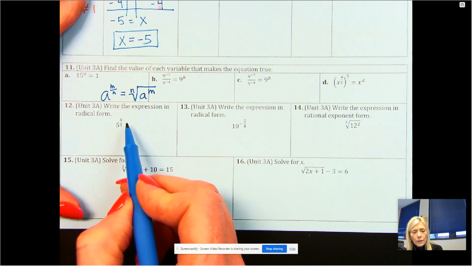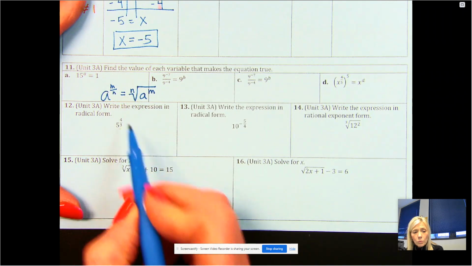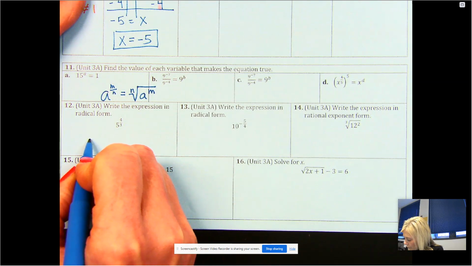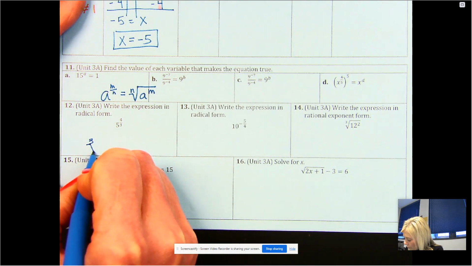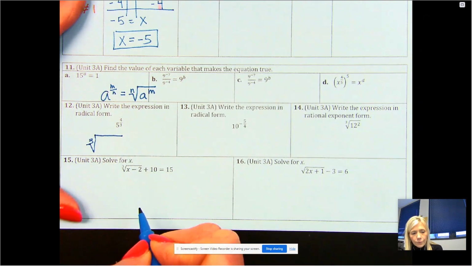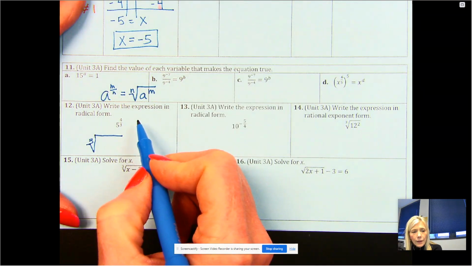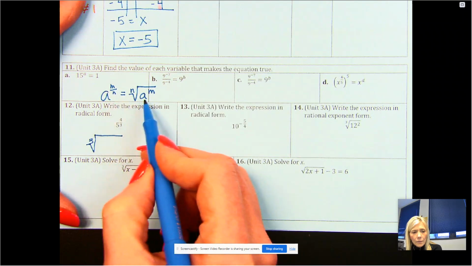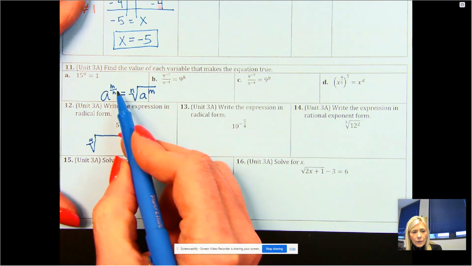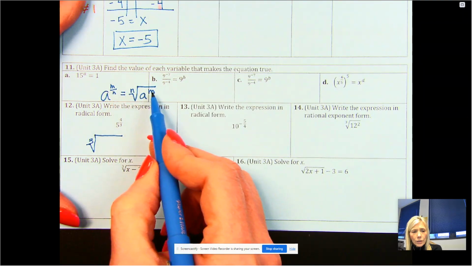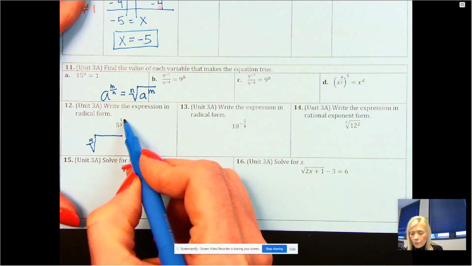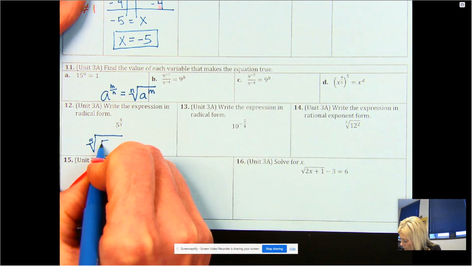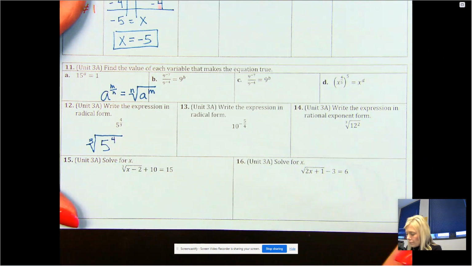So when we simplify on number 12, it's a cubed root. And then our base stays the same. So our base is 5, and then the top, the numerator of the fraction, is our exponent. So 5 to the 4th.